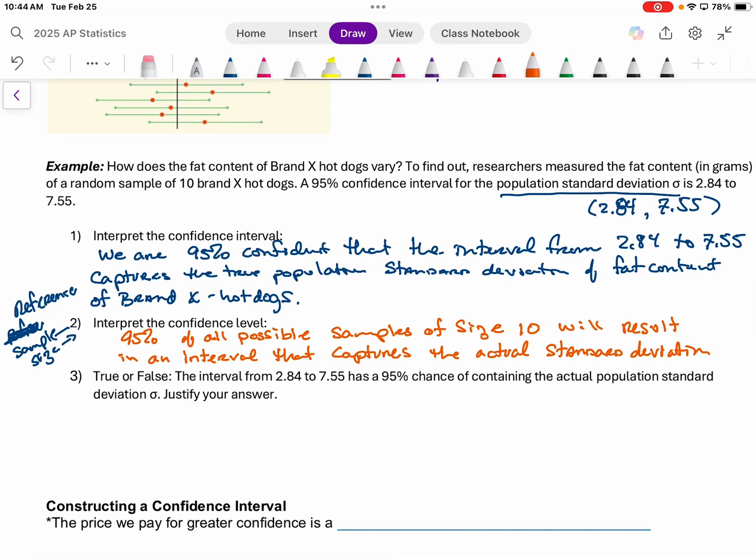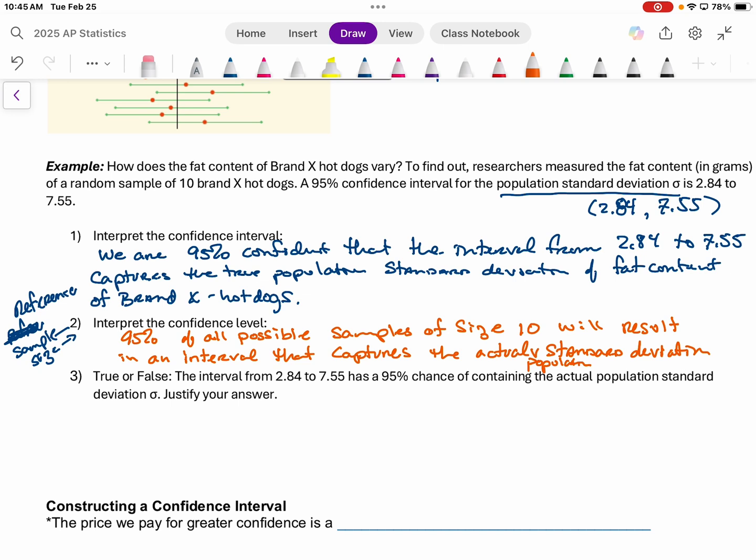And again, it would be okay to put the actual population standard deviation because we are talking about the parameter. So we could put the word population between the words actual and standard, because again, we are talking about the parameters. So saying population standard deviation is okay.